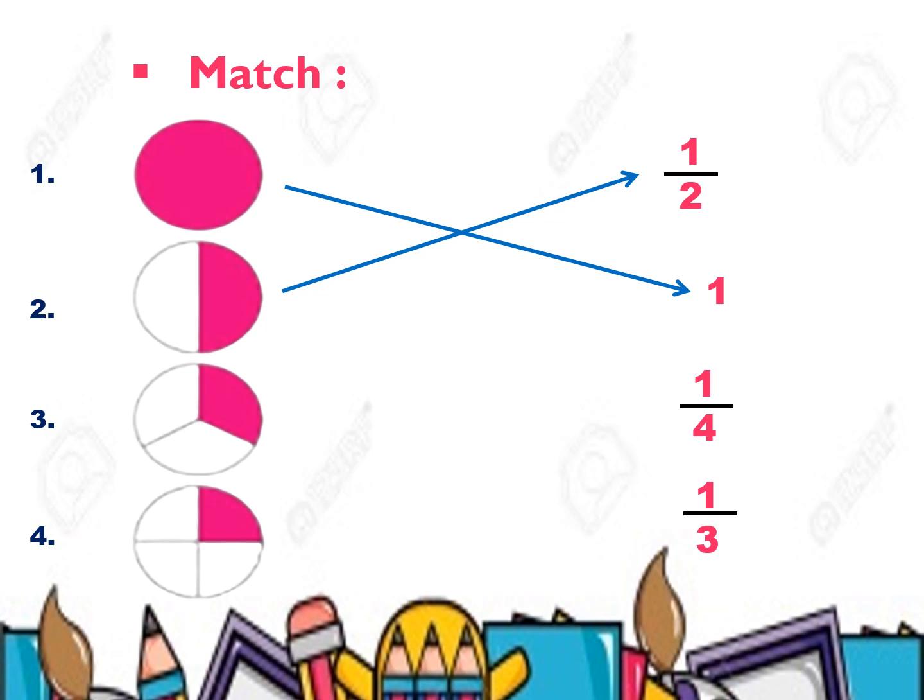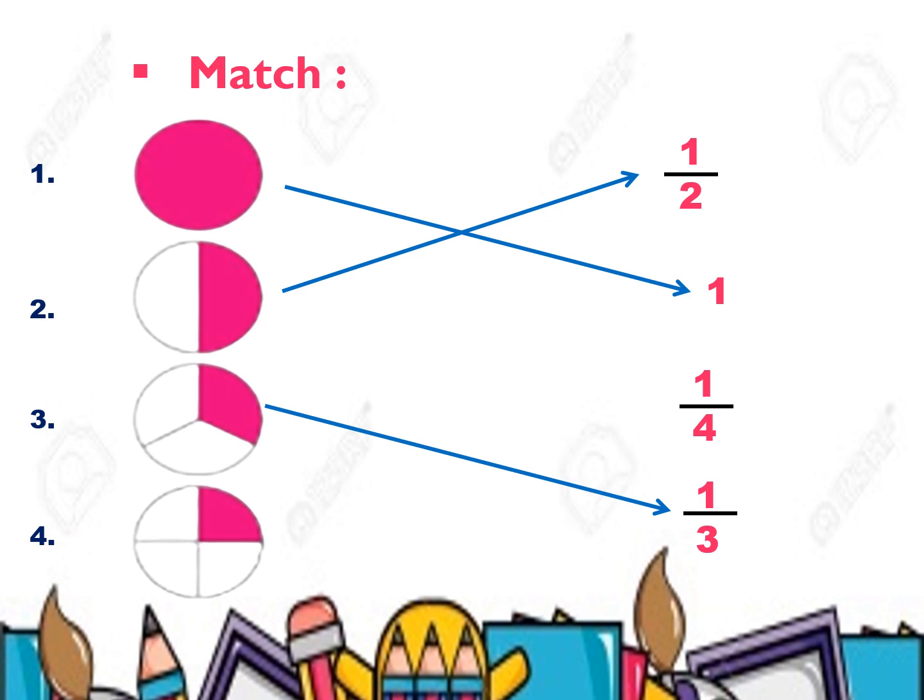The third one, I have 3 parts, so the total parts is 3. And I colored one part, so how can I write it in the fraction? 1 over 3. The last one, I have 1, 2, 3, 4.